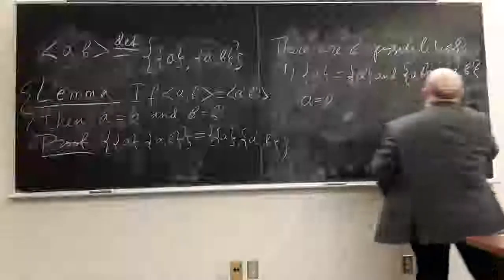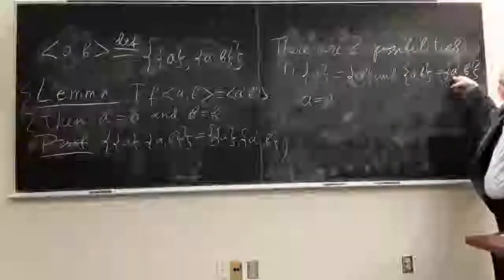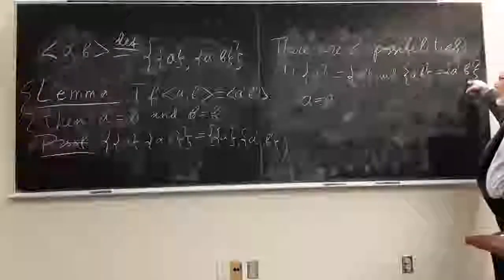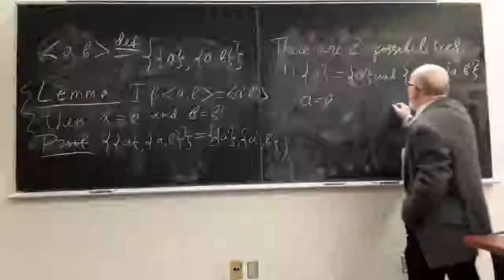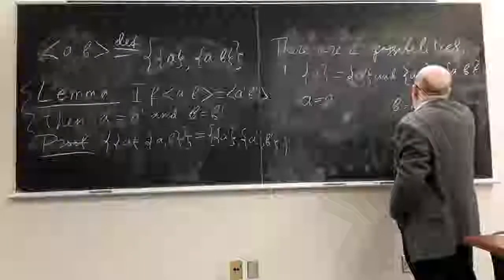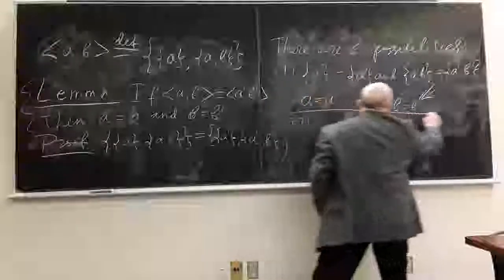Now, this A is already equal to A prime, so what remains is that B equals B prime.